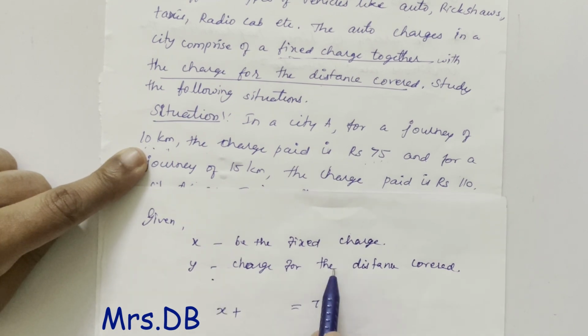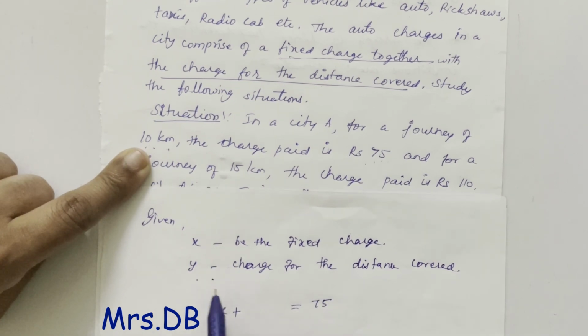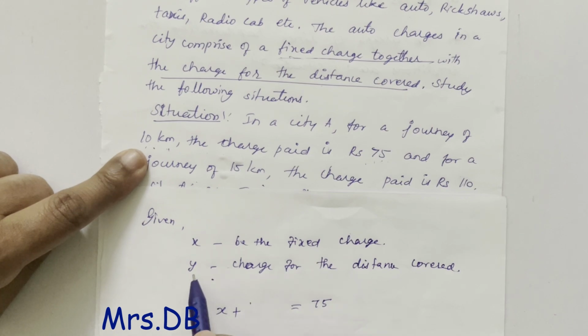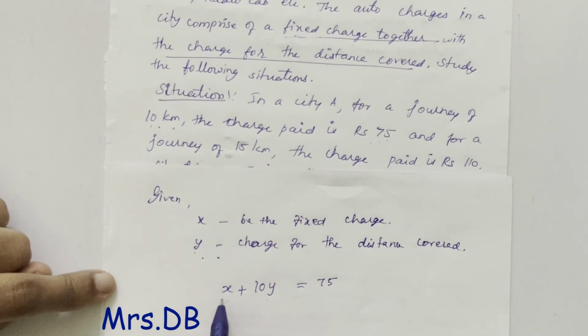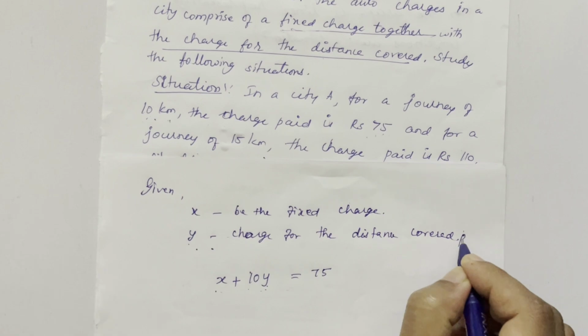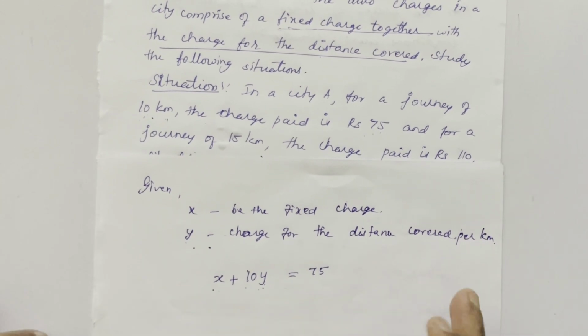So charge for distance covered is Y. So to travel 10 km, we have to pay 10 times Y rupees. So 10Y. So X plus 10Y equal to 75. That is, X is the fixed charge and number of kilometers is 10. Y is the charge per kilometer.